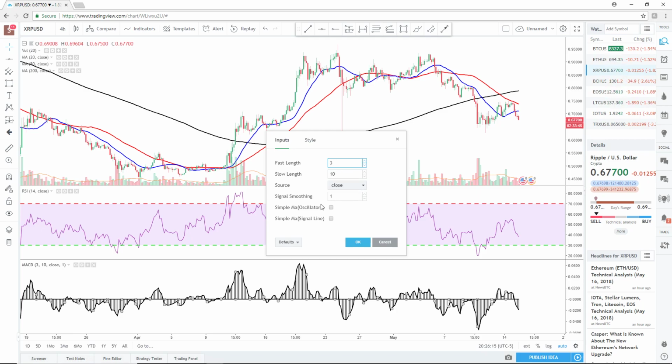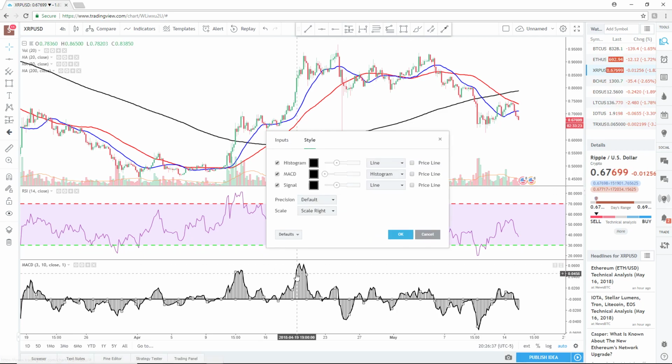And what this does is it allows for faster reactions to the price. So for example, it could pick up bullish and bearish divergence faster than the other MACD settings would, and it's just more responsive, and it gives me faster signals. That's basically the reason why I have it customized.